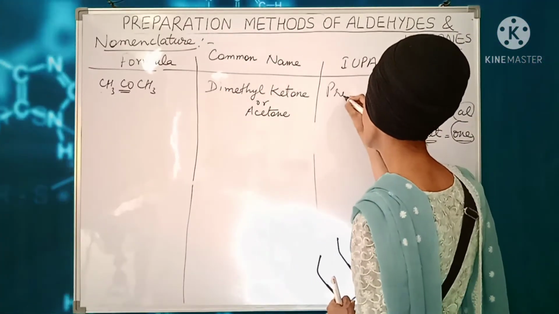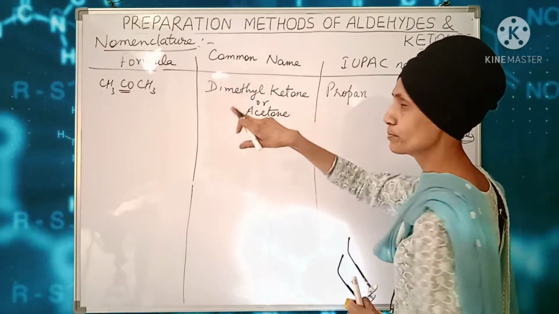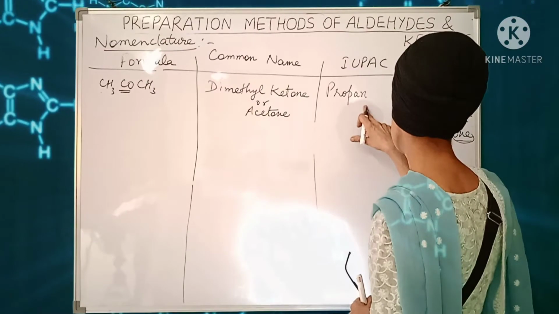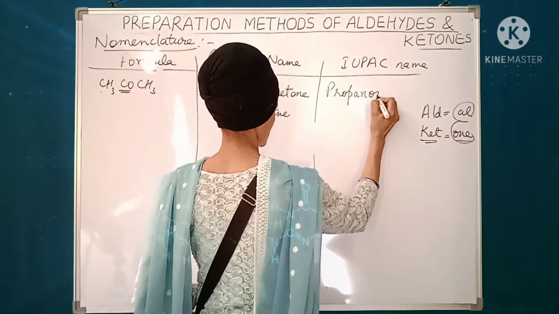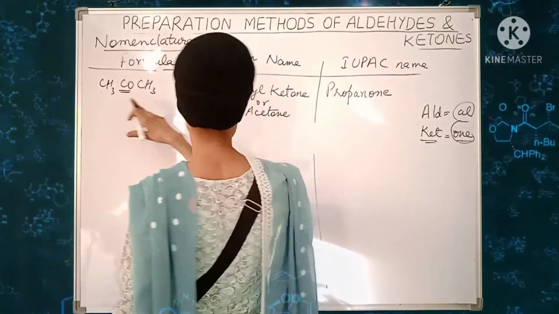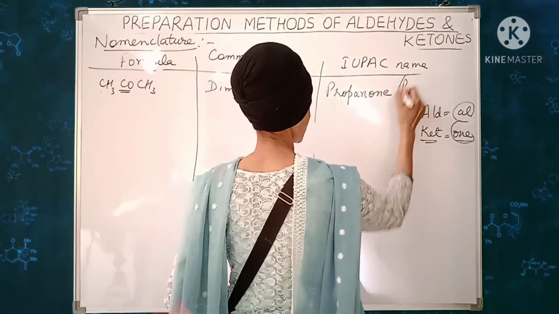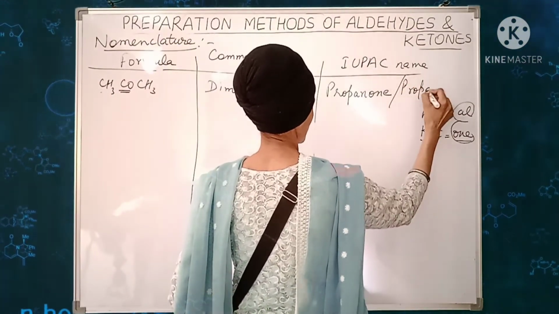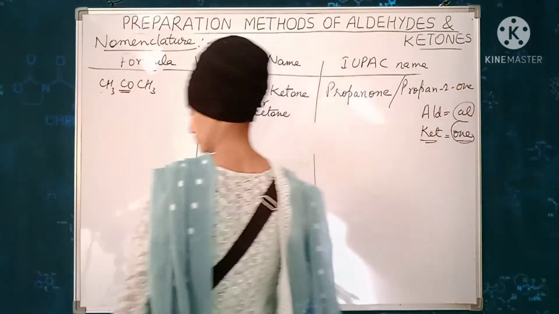The word root will be prop, and ane for the single bond between all the carbon atoms. Then the suffix -one will be added because the ketone is present. It will be propanone. It can also be written as propane-2-one. We can also write it like this: propane-2-one. Same thing.